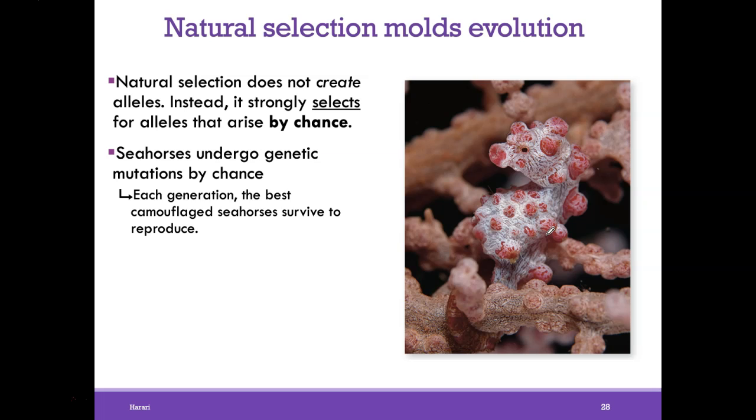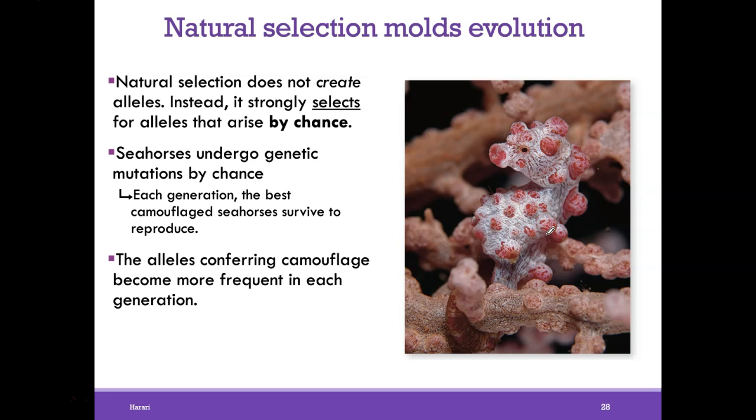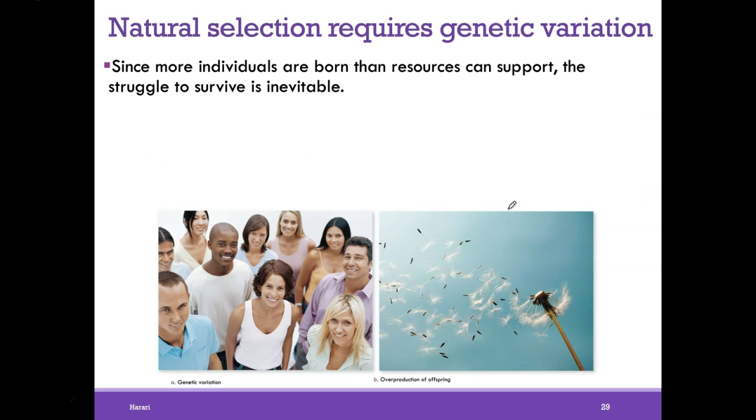Again, this is a hypothetical example that I'm simplifying, but this is saying that the alleles that give an advantage become more frequent in each generation. And over time, if there's so much change, it can lead to a different species. So suppose after so many changes, this pink seahorse can no longer mate with a white seahorse. That means they're different species at this point.